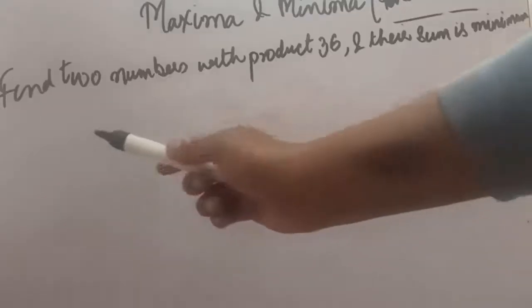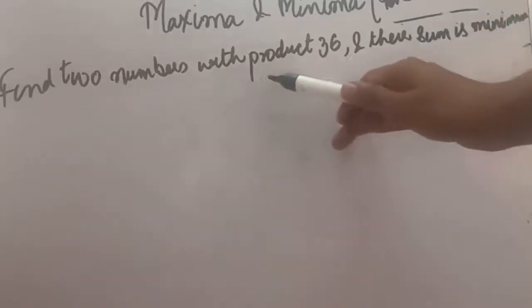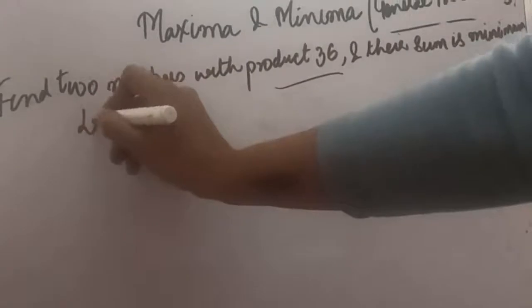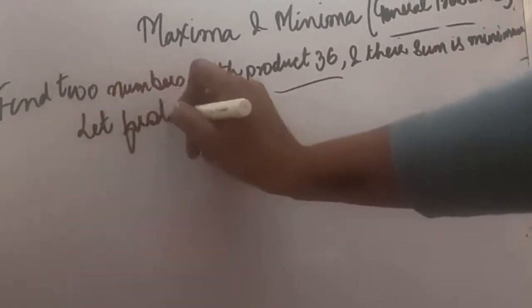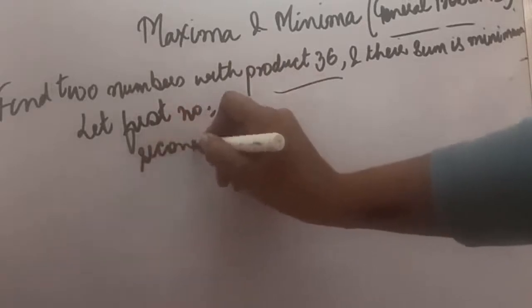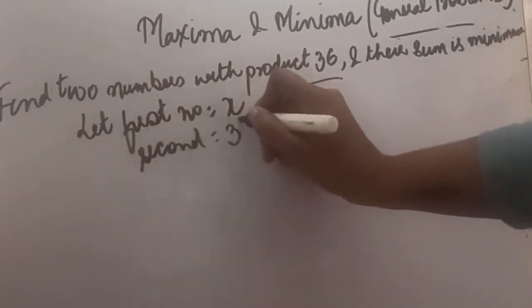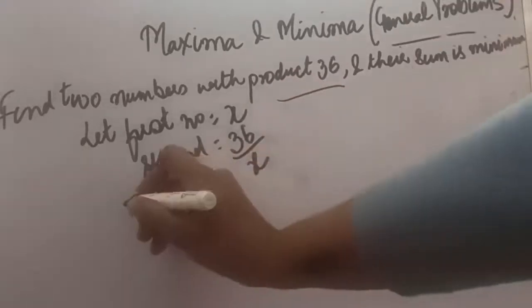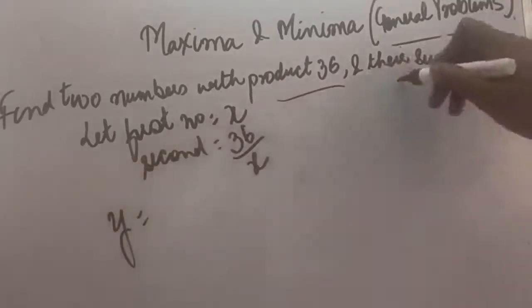Now in this another question we have to calculate two numbers whose product is 36. If we let the first number be equal to x, what will be the second number? As their product is 36, the second number will be 36 divided by x. And how will this function y be created? It says that their sum should be minimum.